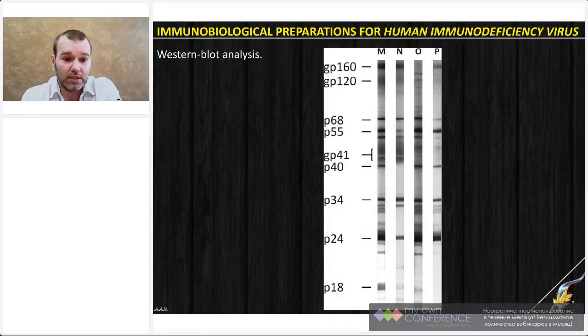Western blot analysis, again, we discussed it during the precipitation test. It is a type of immunodiffusion in gel. In that case, you will need to take patient serum to identify antibodies against precise known antigens and add that antigen in the gel. If the antibody matches the antigen, they will form a zone of precipitation. It is easily seen by the formation of those black lines.